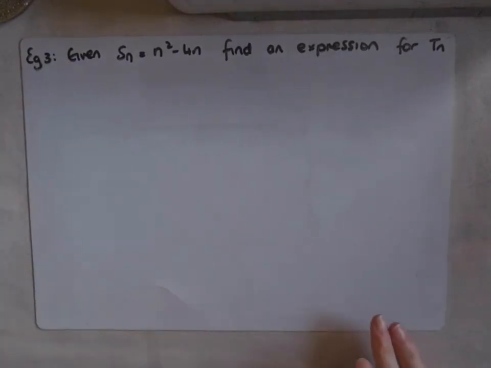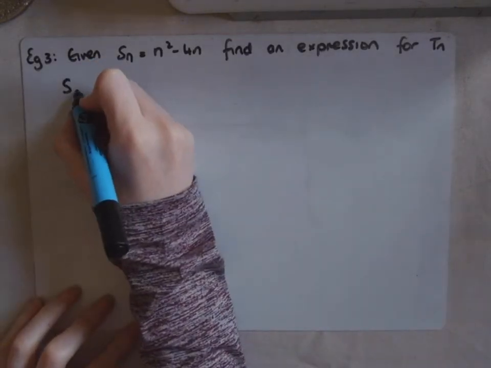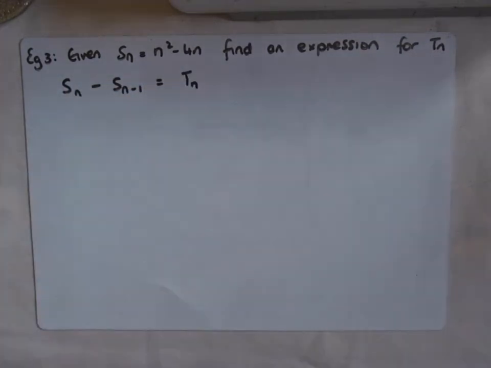So we know Sn minus S of n minus 1 gives you your Tn. So all we need to do is find out what S of n minus 1 is.